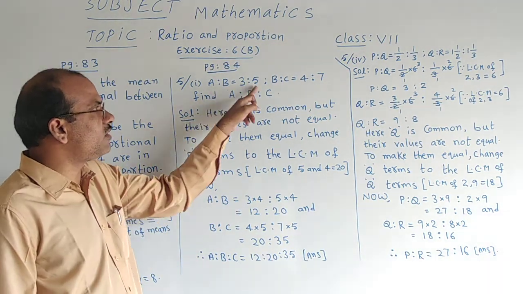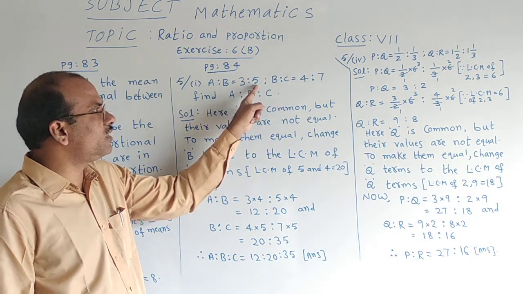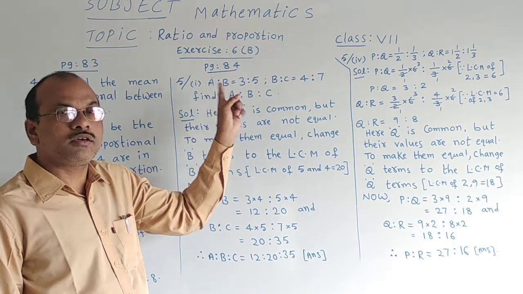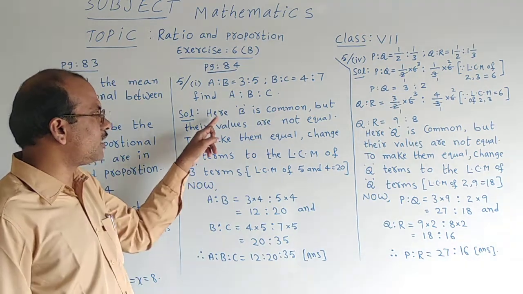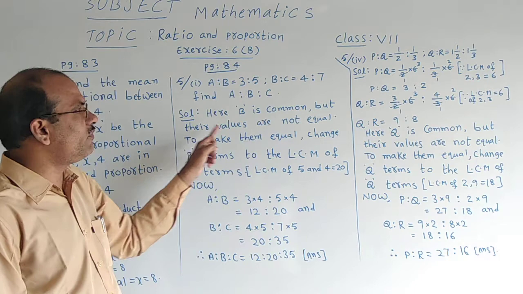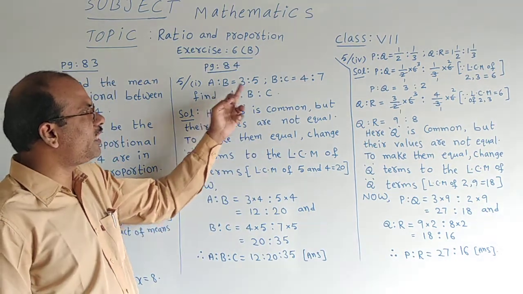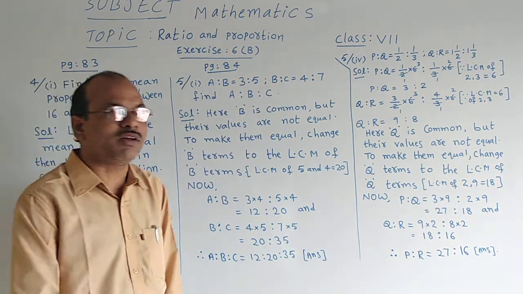Here B is 5, here B is 4. B terms, their values are not equal. Here B is common in both the ratios, but their values are not equal. Yes or no? Because here 5 and there 4. 5 and 4 both are not equal.